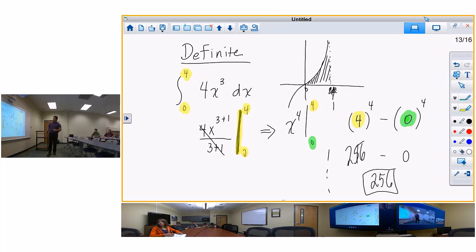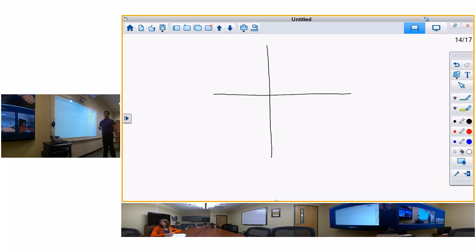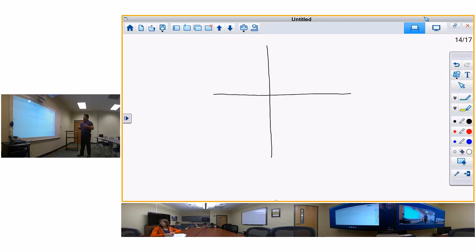Let me show you something else while we're on definite integrals. Talking about symmetry. Now we're leaving business calculus here and going into engineering calculus, but I have to because you need to know this. Let's say f of x is equal to x cubed.